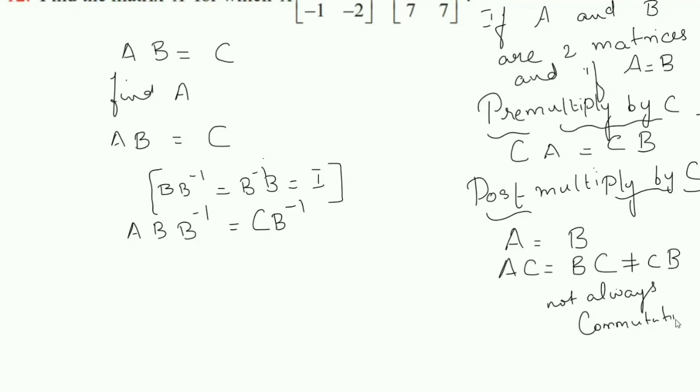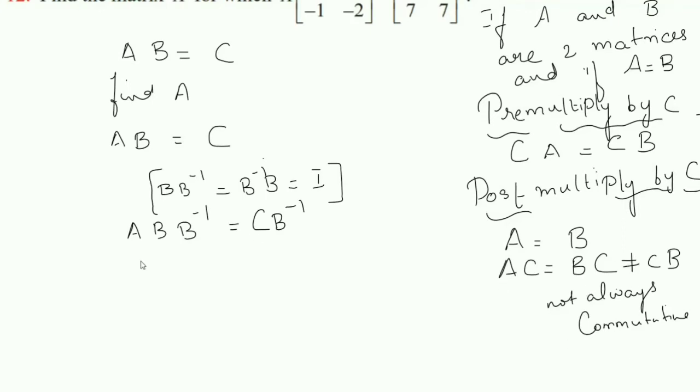Why? Because matrix multiplication is not always commutative. Only in rare cases it is commutative. So you cannot multiply B inverse on the right on one side and on the left on the other side. That is not correct. Post-multiplication means you have to multiply on the right on both sides.